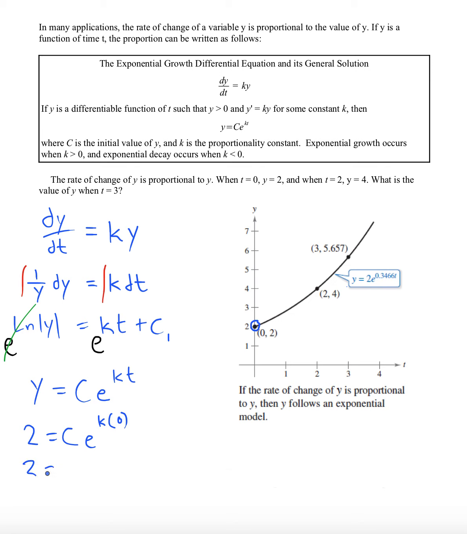This will reveal that c is 2. I'll plug in my c of 2 to get y equals 2e to the kt.